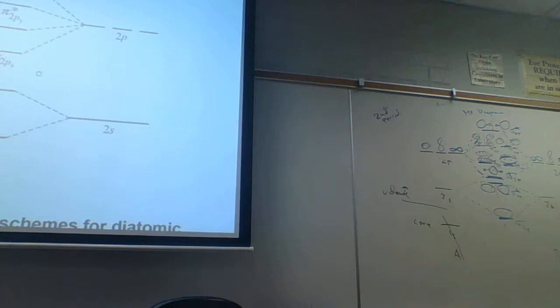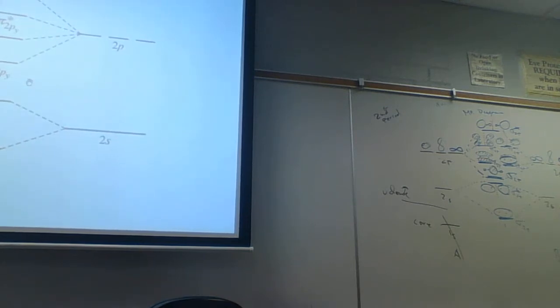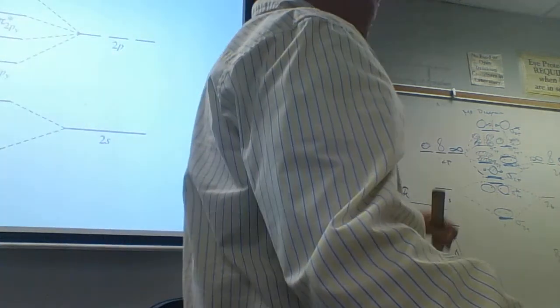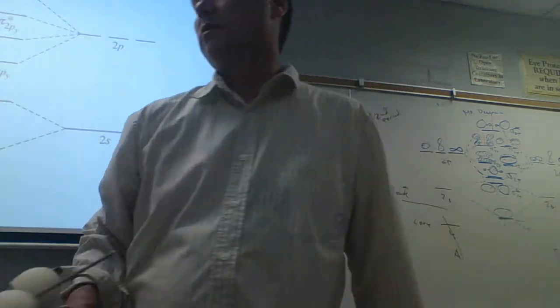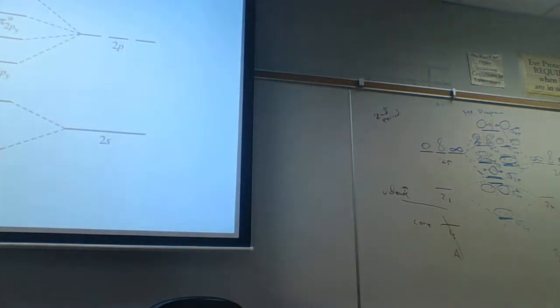Okay. Now, what's weird about this one? Take a look at what's weird. Something weird about this. Look at the diagram you have just drawn, and then this one, and that one. Yeah, the antibonding 2p's are lower in energy than the sigma star.